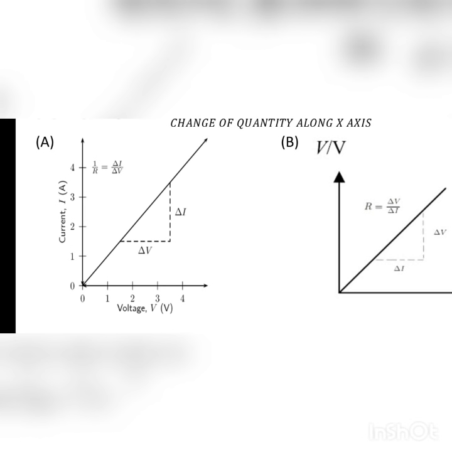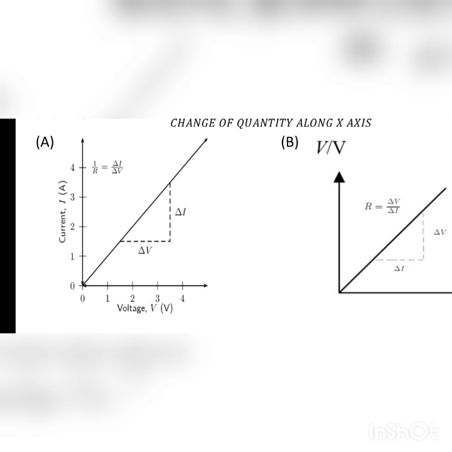So potential difference is changing. That's why I have written delta V along x-axis. Now the slope is nothing but delta I upon delta V. Now if I see Ohm's law, V is equal to IR.